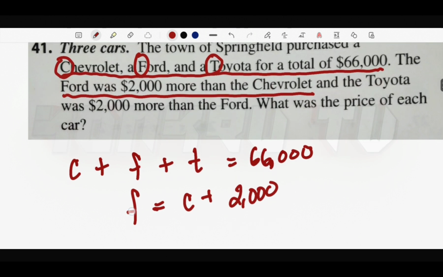Okay. Next sentence, next equation: Toyota was $2,000 more than Ford. So yung Toyota daw ay $2,000 more than Ford.